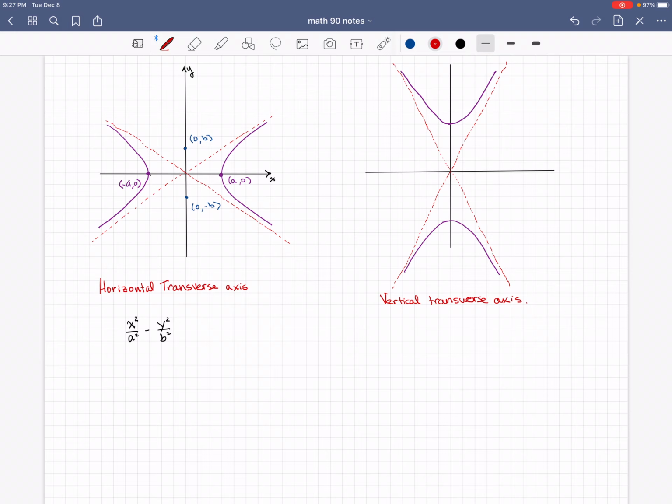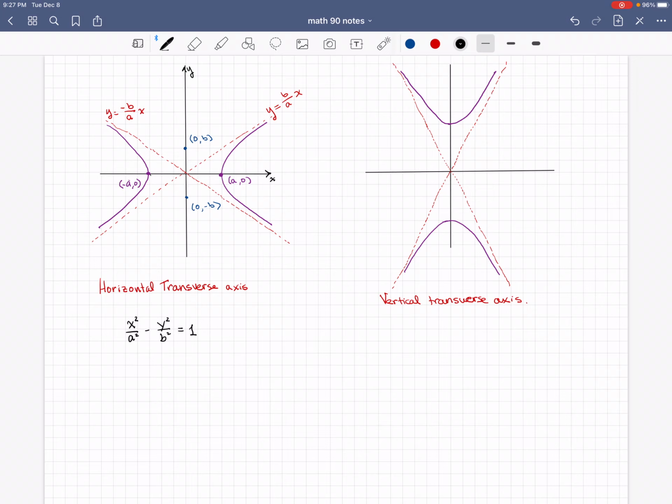So hyperbolas have 2 asymptotes, and in the case of a horizontally oriented hyperbola, the equations of those asymptotes are y equals (b over a)x for the one with the positive slope, and y equals negative (b over a)x for the one with the negative slope. And so to finish the equation, we have x squared over a squared minus y squared over b squared equals 1.